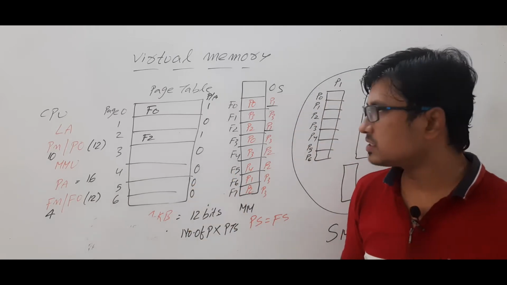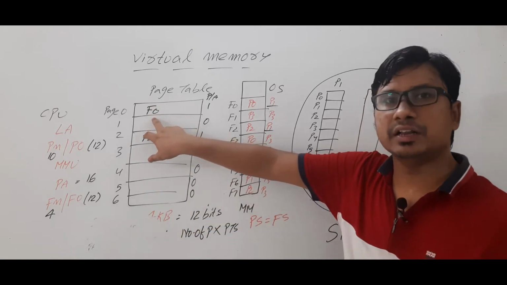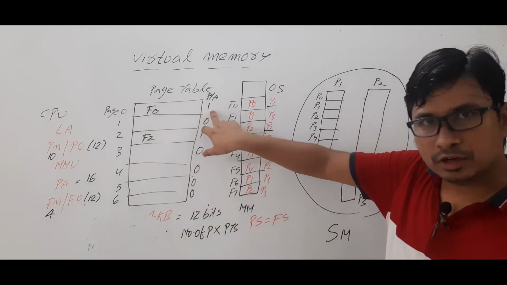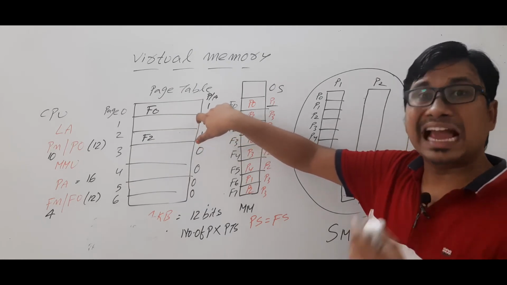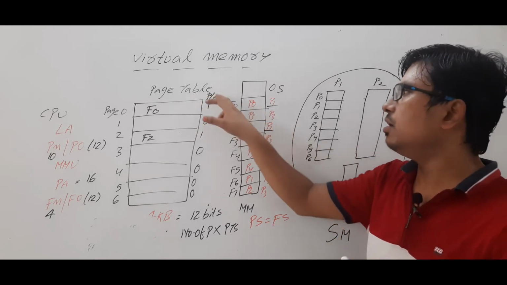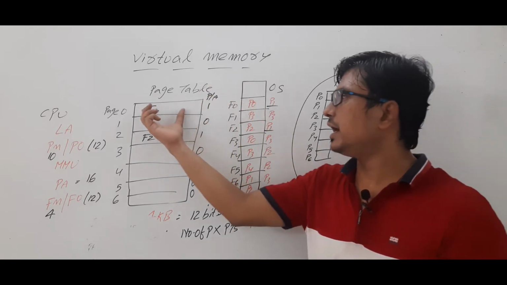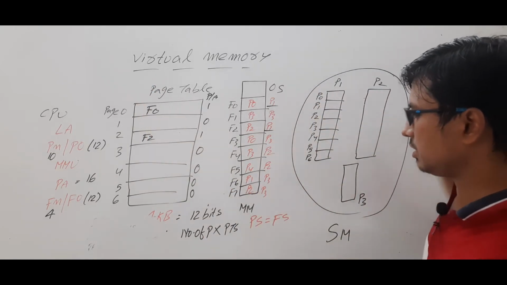Are you able to understand? The page table entry size will depend on the number of bits required for the frame number and the present or absent bit. You will have a dirty bit. You will have a cache enabled or disabled bit, a reference bit, and a protection bit. All these bits are optional, and the compulsory one is the frame number. Is it clear? Are you able to understand it or not?